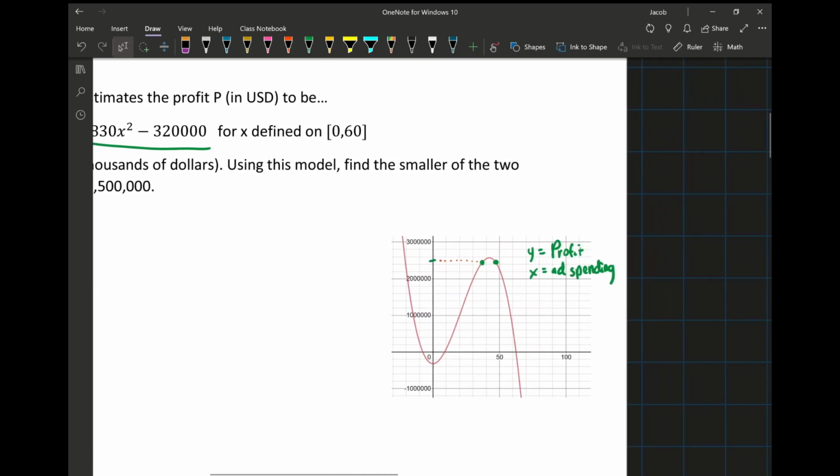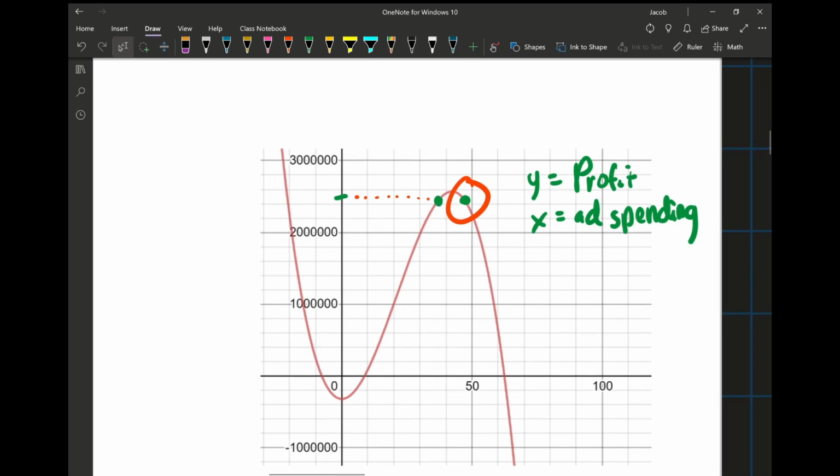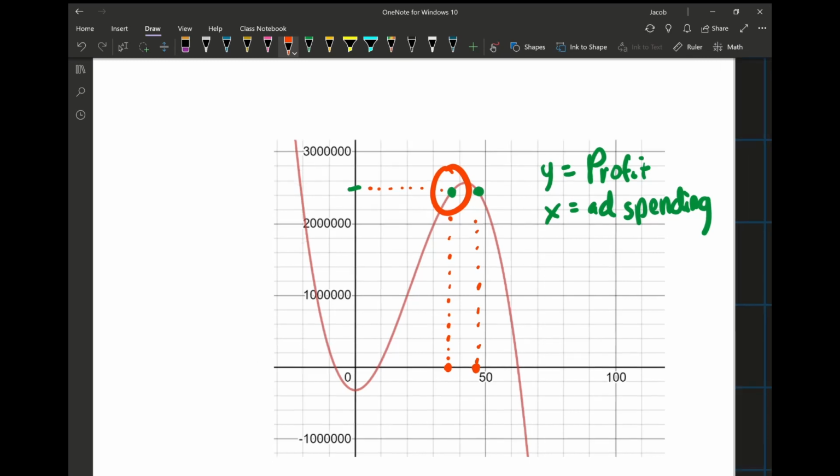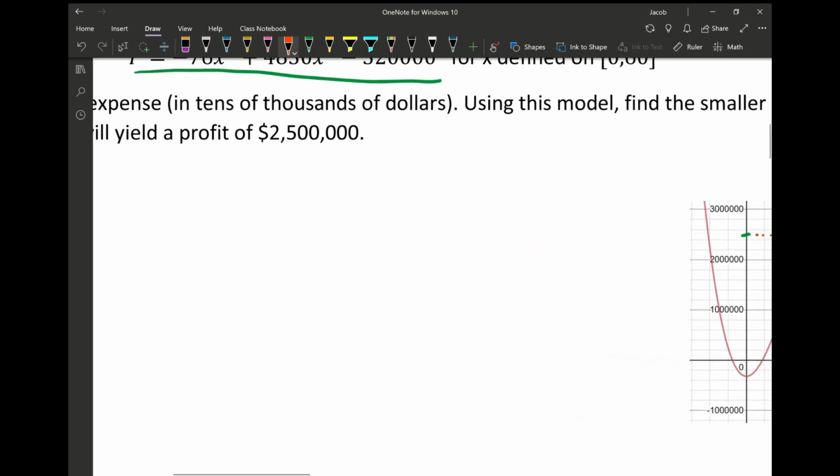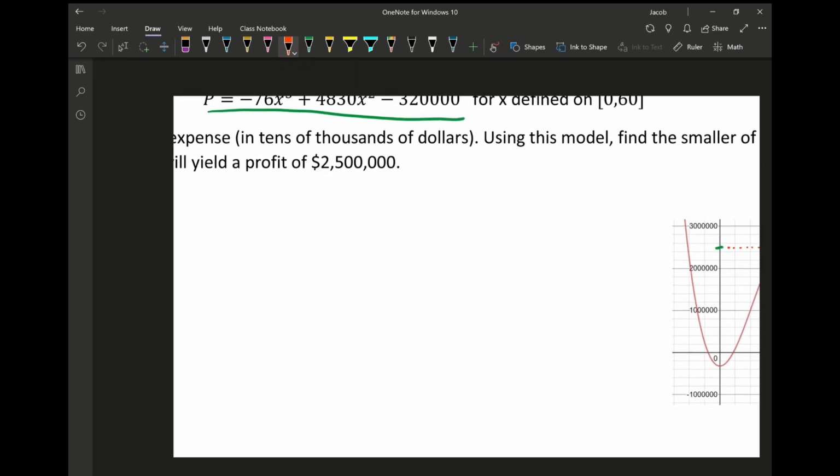We don't want this one back here, because clearly that is going to cost us a larger amount of money to spend. We want this one right here, the one that corresponds to this lower x value. That looks to be about 35-ish. So we'll see if we get close to that from our model.